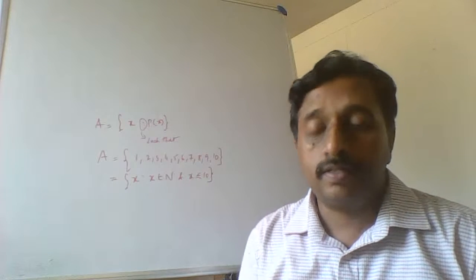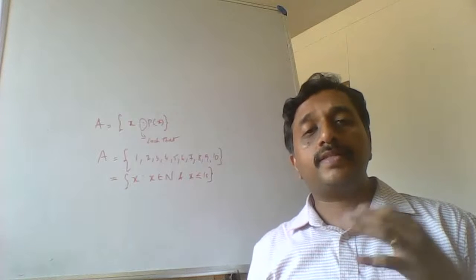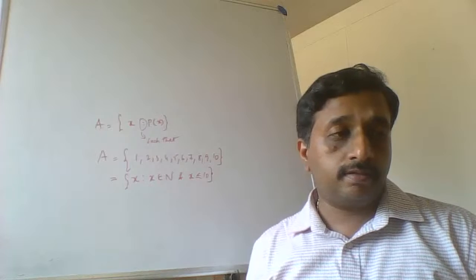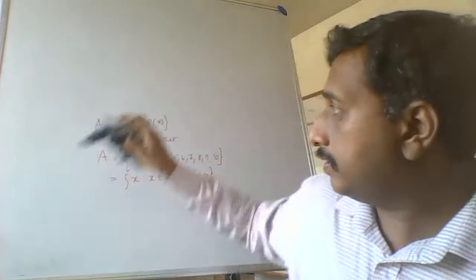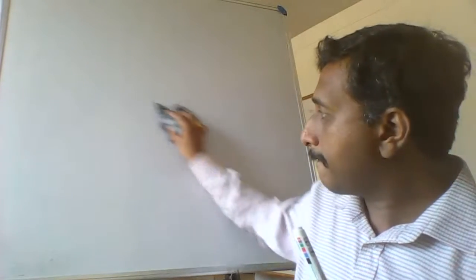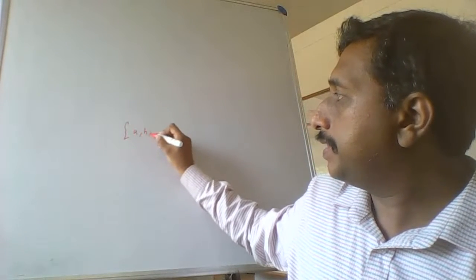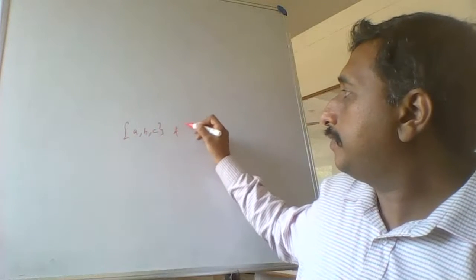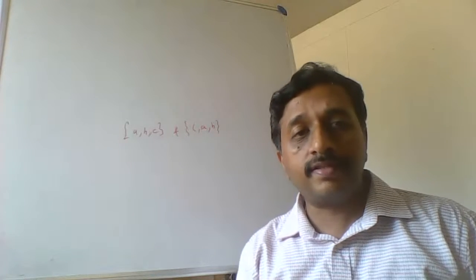Okay. And keep a note that the order of the elements in a set has no importance. For example, if I have A B C, and if I have C A B, they are the same set.